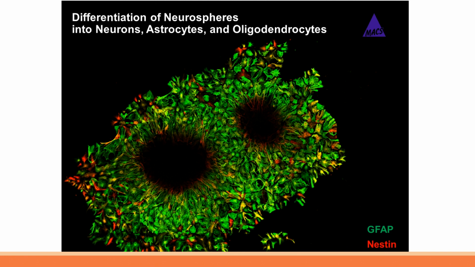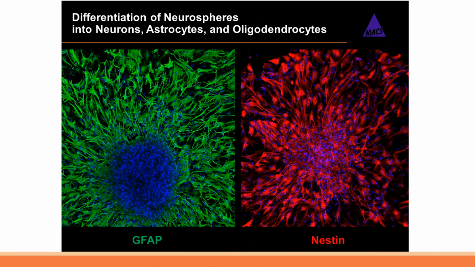We see here that the neural stem cells nicely differentiated into astrocytes and form a lot of astrocytes. That's also shown in this picture, with staining of GFAP and nestin as astrocyte markers. We see that we have a lot of astrocytes here.